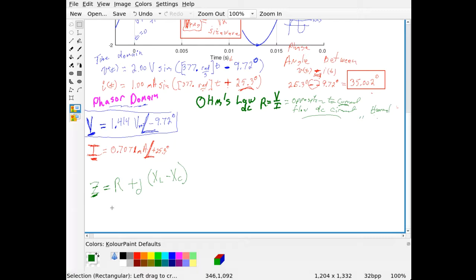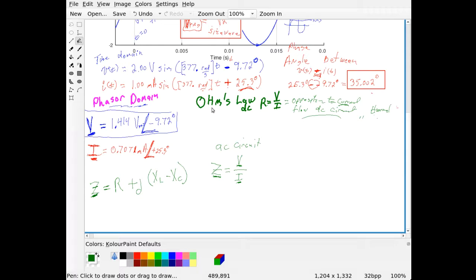Okay, so it seems like I got off track. I wanted to talk about Ohm's law, but I had to introduce impedance here. So now for an AC circuit, Ohm's law still applies, but instead of simply using R, we have Z, the impedance, which remember has a phase angle, and that is equal to the voltage divided by the current.